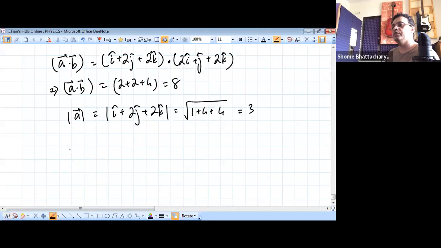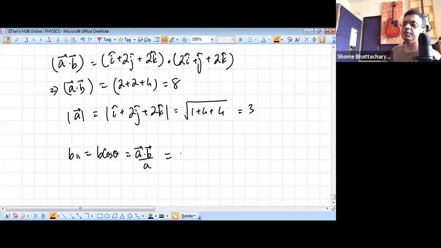The projection of vector B along A has a magnitude of B cos theta, which over here will become 8 by 3. That's one thing. So we got the magnitude of this.